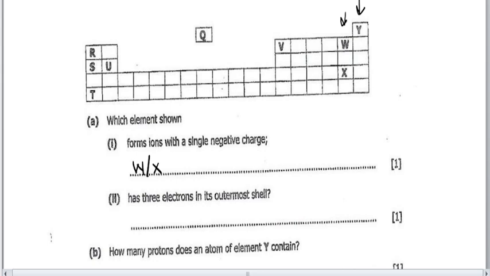It should be found in group 3, since the number of electrons in the outermost shell is equal to the group number. The one which is in group 3 is V. So our answer is V there.